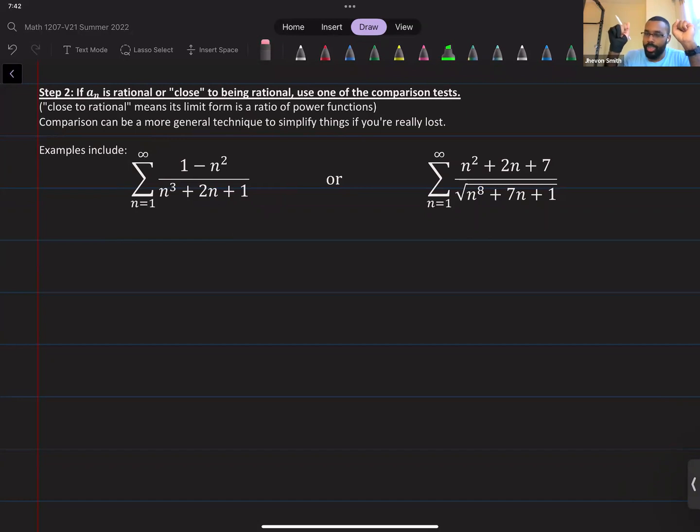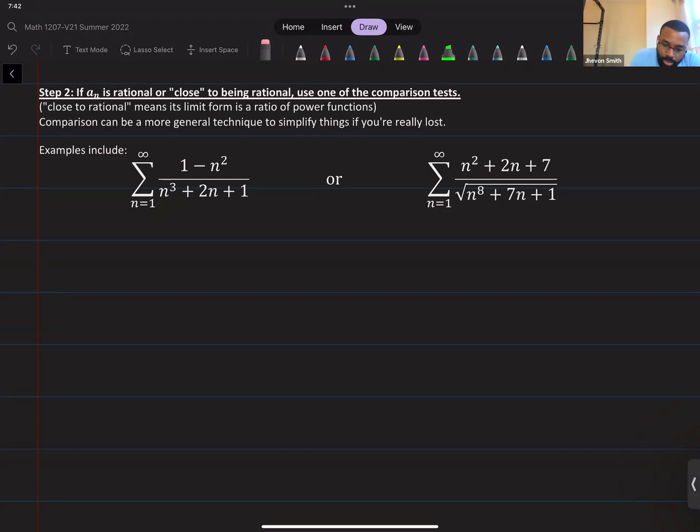Almost rational, right? Like here I have something that's close to being rational. What I mean by that is if you ignore all the non-important terms, you can get it to look like a rational function. With rational functions, the important terms are the ones with the largest powers.